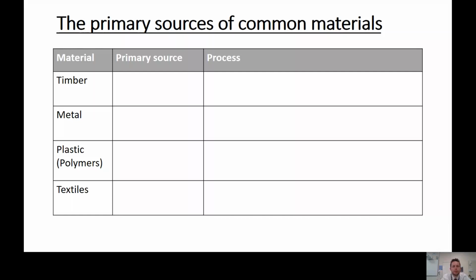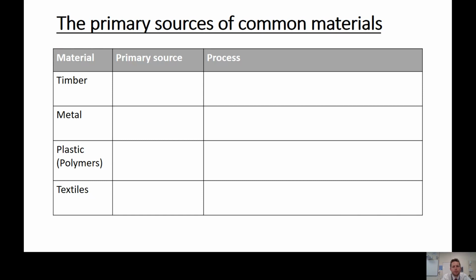Okay, so what I'd like today then, class, is for you to write the title, The Primary Sources of Common Materials. And for today's lesson I'd like you to draw out a table in your books or on paper. Column 1 is the materials. We're going to look at 4 common materials used in design and technology. We're going to look at the primary source, so where it comes from or what it's made from.